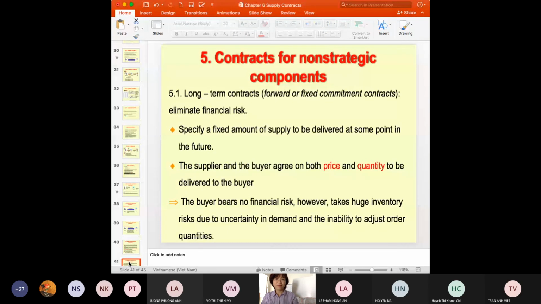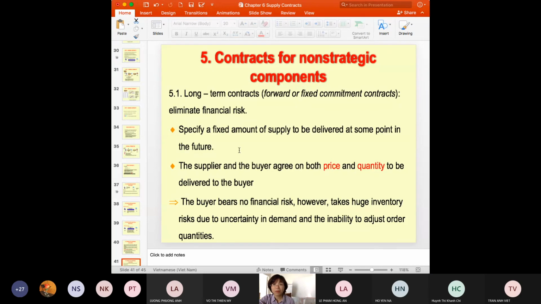So for contracts of non-strategic components here, we have long-term contracts and flexible option contracts. We have spot purchase and portfolio contracts. Here we focus on four types of contracts.